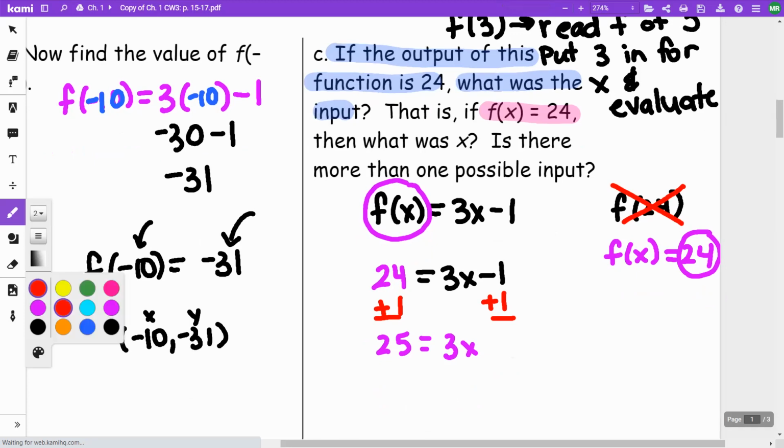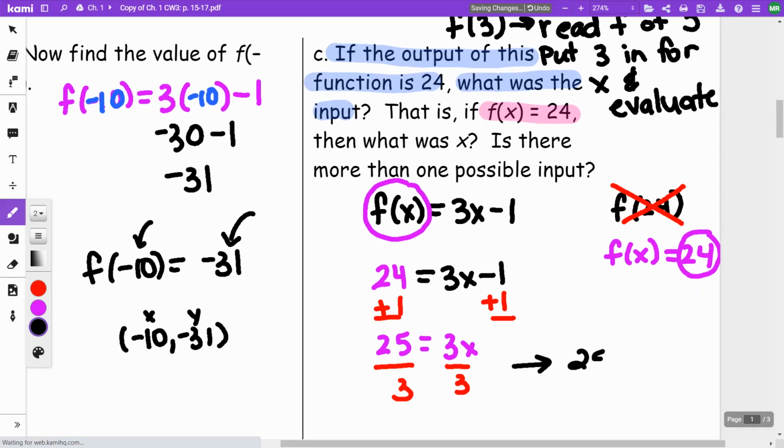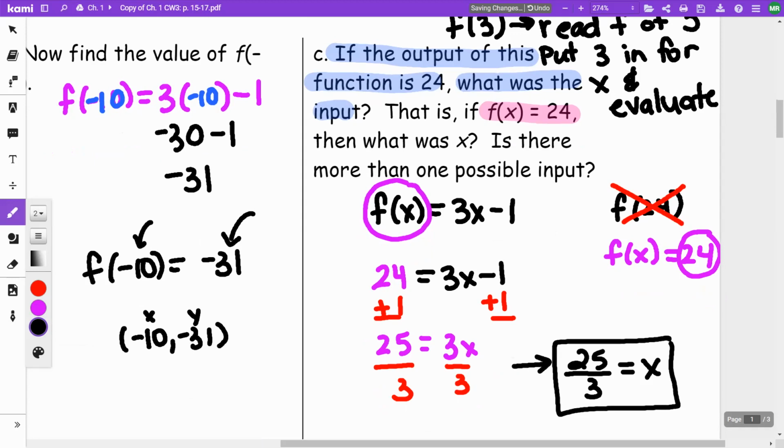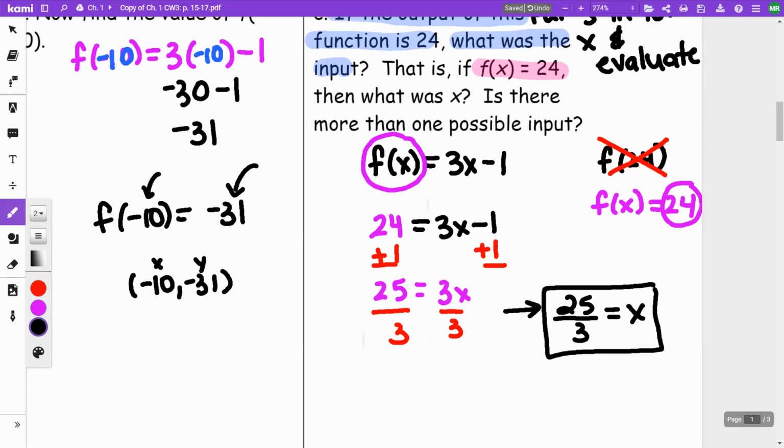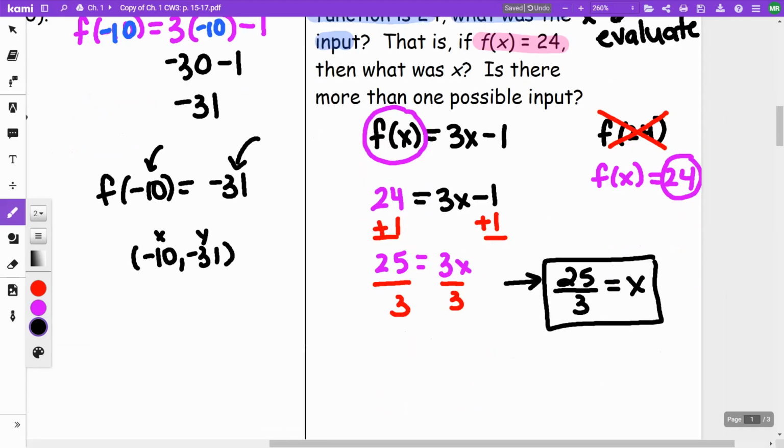I'm going to divide by 3. And I end up getting 25 over 3 is my x. So if I put in 25 over 3, I'm going to end up with an output of 24. So in this case, my x would have been 25 thirds. My output was the 24.